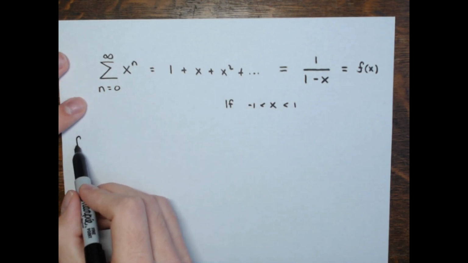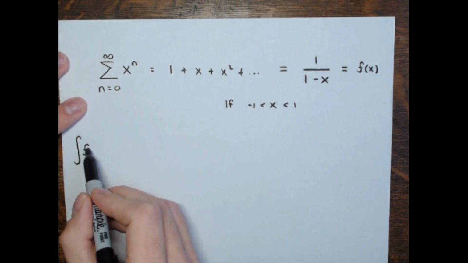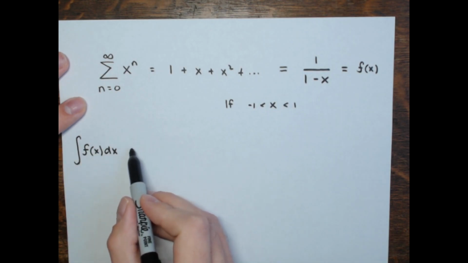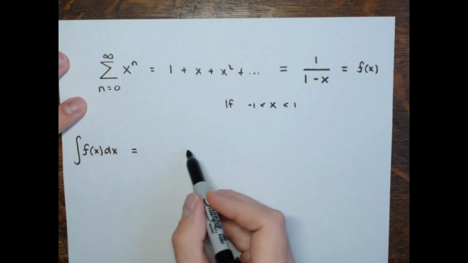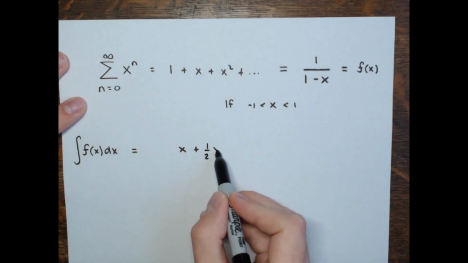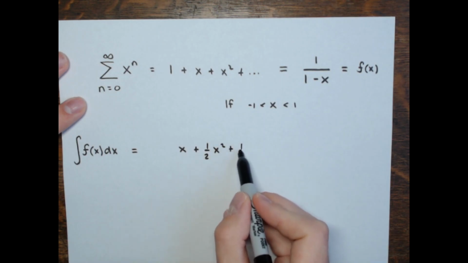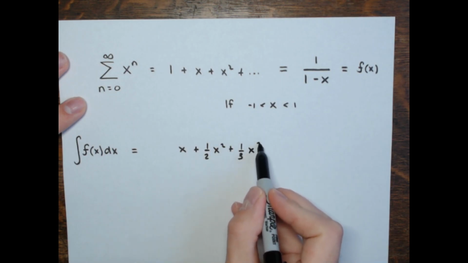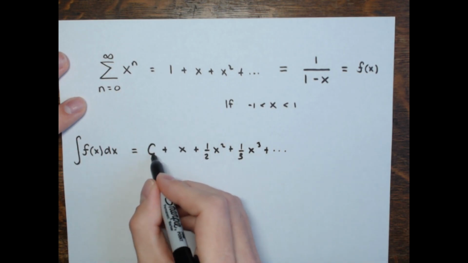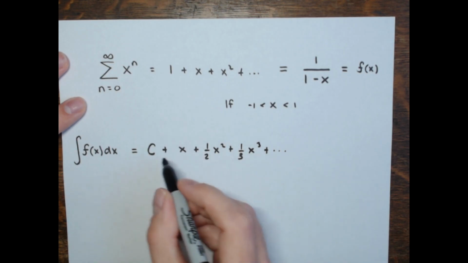Now when I integrate and get a new function, integrate with respect to x, well, that would be all this integrated with respect to x: x plus half x squared plus a third x cubed and so on. But then you also have plus some constant of integration here.